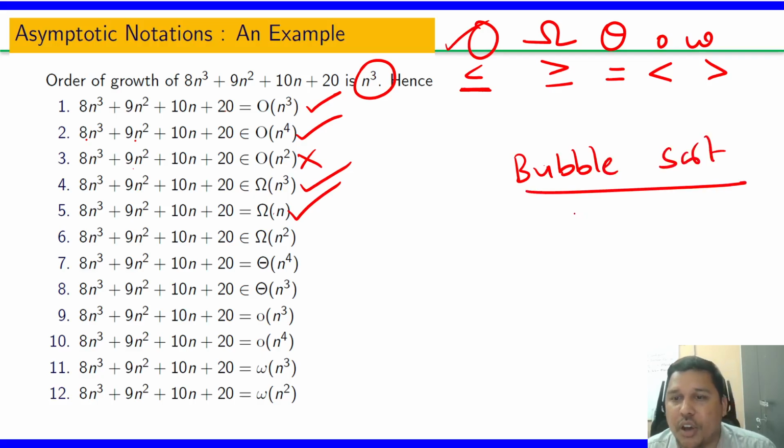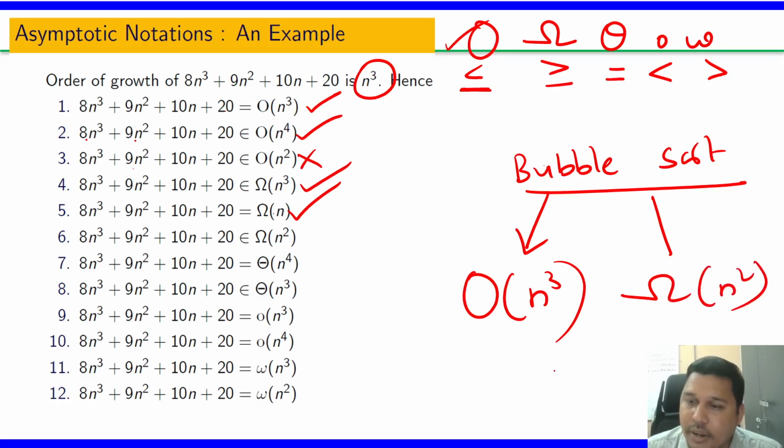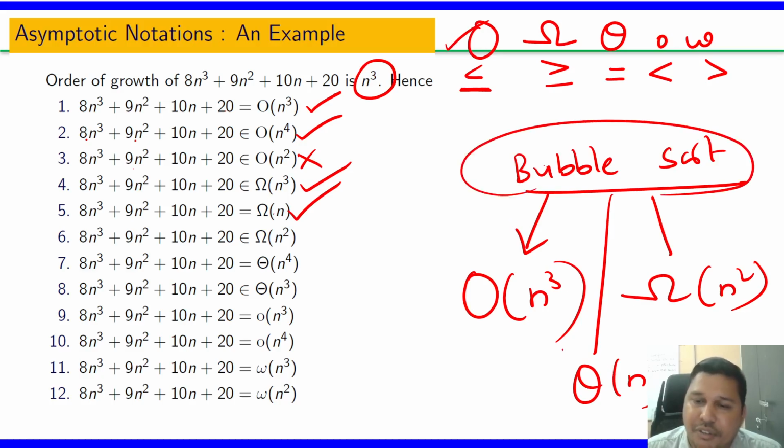When somebody is writing its time complexity, or telling its running time or order of growth, somebody might tell you order of n cube, somebody might tell you omega of n square, somebody might tell you theta of n square. They can write the time complexity of this particular algorithm in different forms like big O, omega, theta.